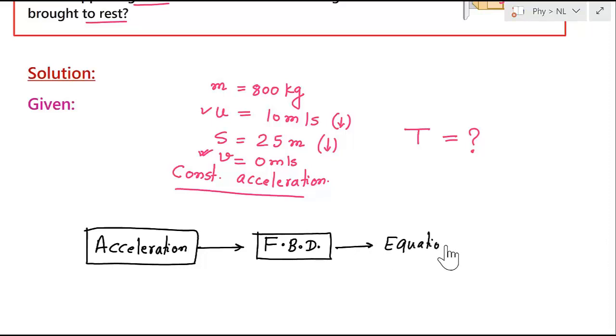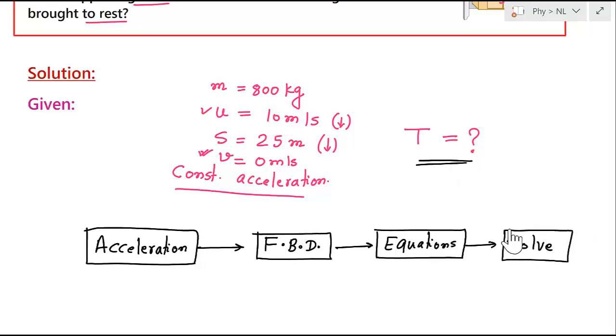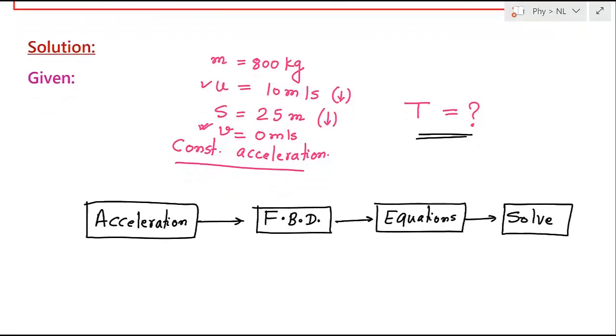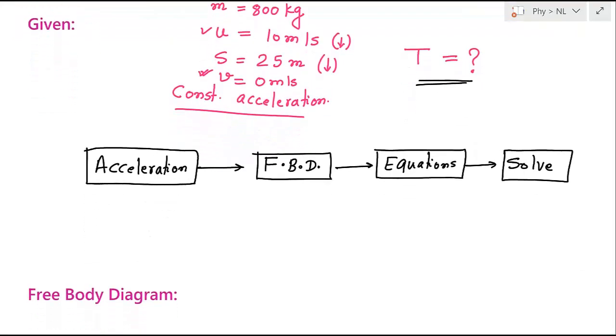So you will have some equations, one in the x direction, one in the y direction. In this case, the x direction equation will not be useful. So only one equation, because we need to have only one variable. So we'll write one equation, and that is in the y direction. And once I have the equation, we can solve to get the target variable.